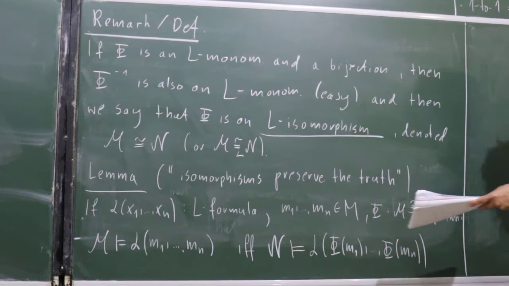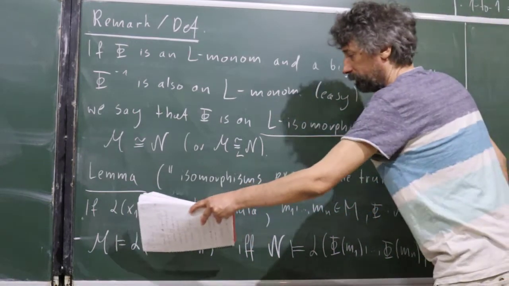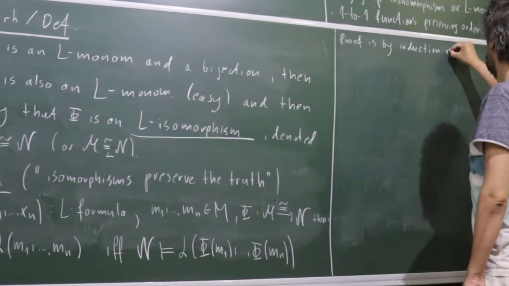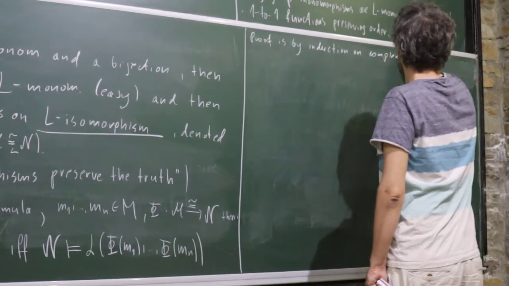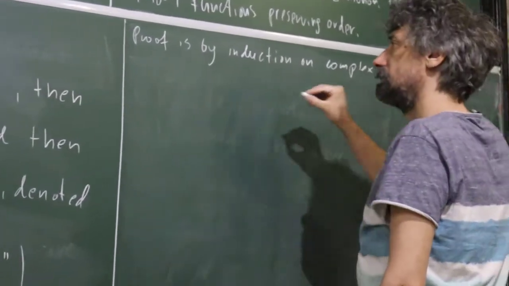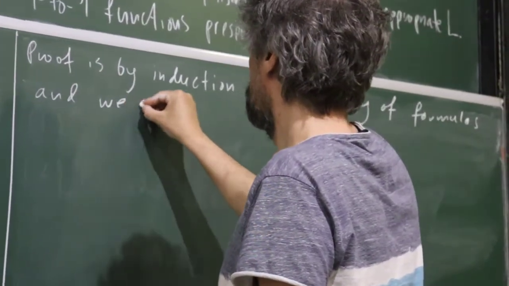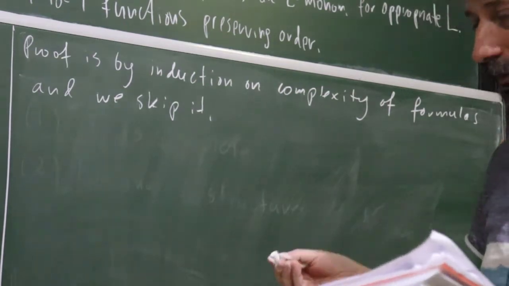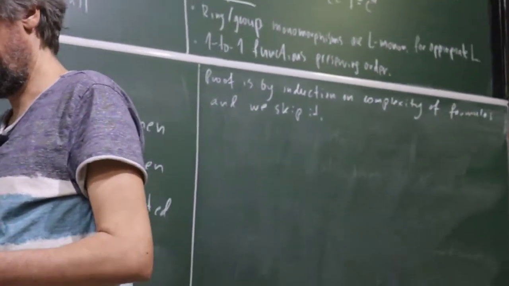Yes, in particular, if this formula was a sentence, then it's true in M if and only if it is true in N, because there is nothing to plug. So again, as many times before, the proof is by induction on complexity of formulas. And we skip it. Yes, we skip everything which actually requires the formal definition of formula.